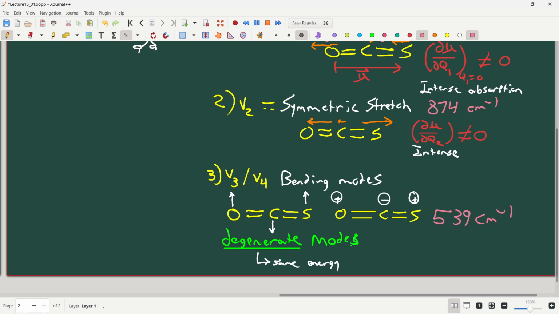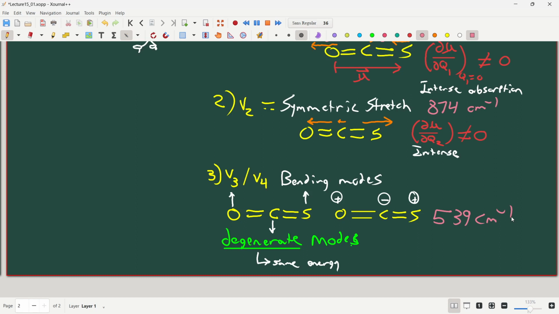You rehybridize that carbon a little bit because you no longer have pure sp2 anymore. And so that has some energy cost, but it's a much smaller energy cost than it is to stretch a bond. So bending modes are always lower energy than stretches because the hardest thing to do is break a bond, not distort a molecule. That tends to be a much lower energy process.